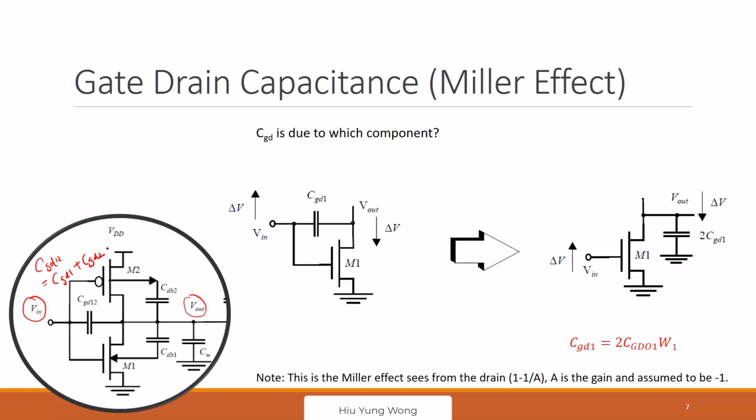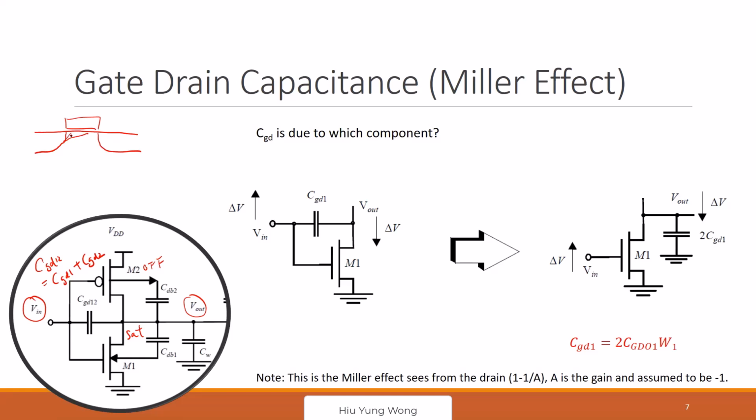First of all, CGD1 is due to what component? We just said that this is in the off state and this is in saturation. Do you remember what the capacitance is for off and saturation? It happens that they are the same. Let's review what we learned in the transistor. I hope you appreciate why we spend so much time on the transistor.